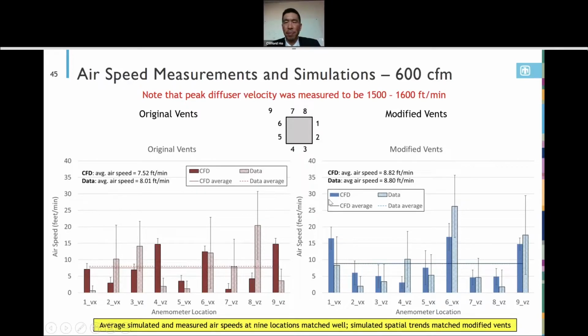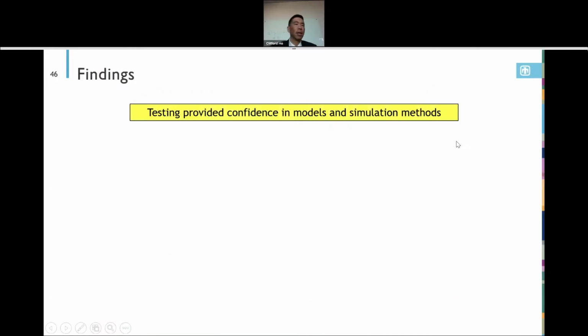The solid bar chart is the CFD simulation, and the hatch is the data. And the lines are the average velocities, which more or less overlay on each other. So the takeaway here is the average simulated and measured airspeeds at the locations matched well, and the simulated spatial trends matched quite well for the modified vents.